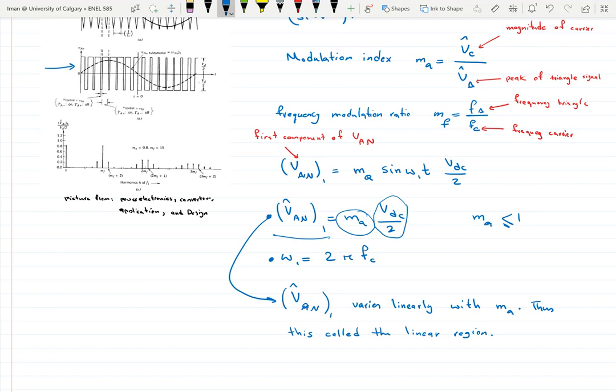And we can't have an AC output where the magnitude of its fundamental component is greater than VDC over 2. Now, if you want to do that, we have to go into overmodulation, and that has its own drawbacks.